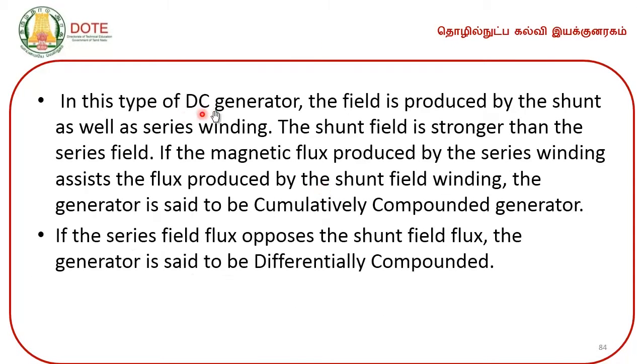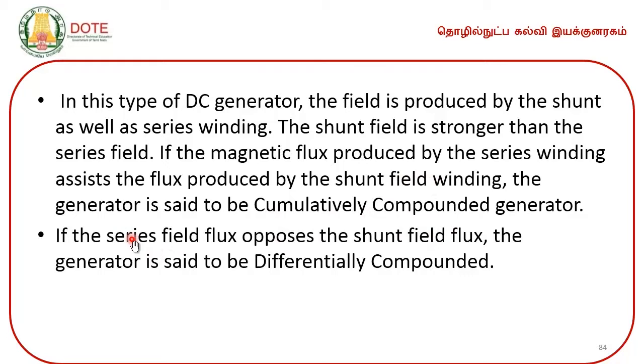In this type of DC generator, the field is produced by the shunt as well as the series winding. The shunt field is stronger than the series field. If the magnetic flux produced by the series winding assists the flux produced by the shunt field winding, the generator is said to be a cumulatively compounded generator.